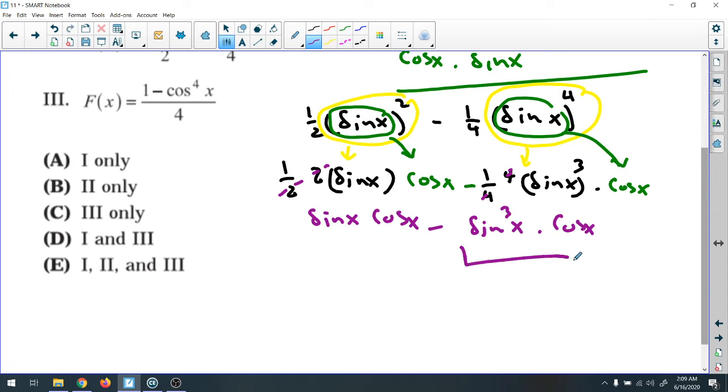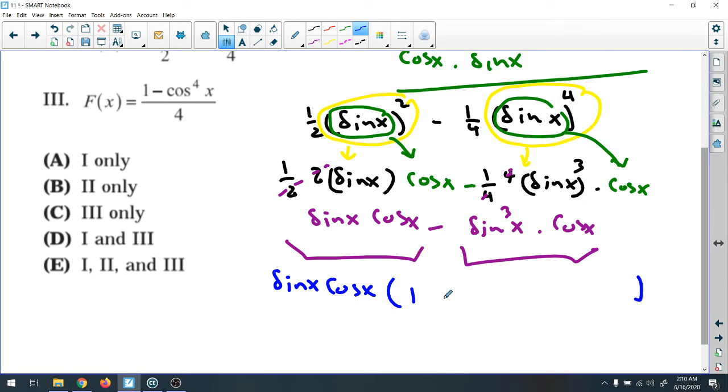If you look at the two quantities here, you could take sine x cosine x as a common factor, since sine x and cosine x appear in both. So we take sine x cosine x outside. Then we divide: sine x cosine x by sine x cosine x equals 1.